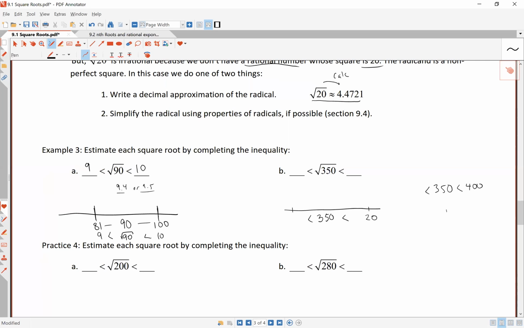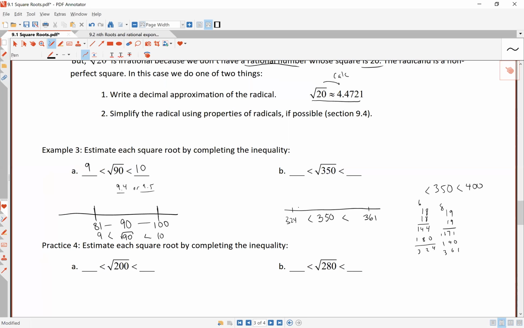And then 19 times 19 on the other side is 361. And on the left side should be 18 squared, which is 324.